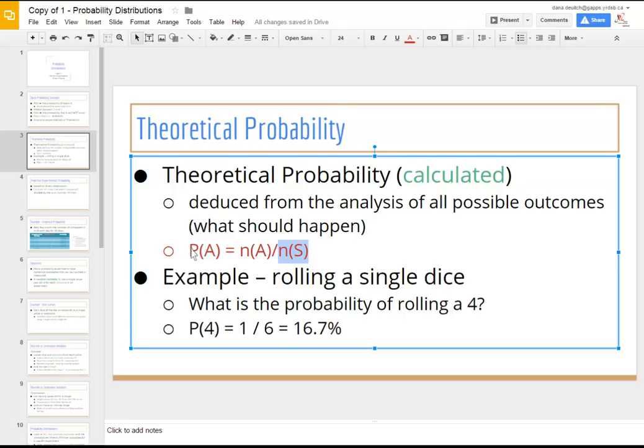And that gives us our probability of A. So for example, if I'm rolling a single die, the number of ways of getting a 4 is 1. Only one of the faces of the die has a 4 on it. But there are 6 different faces in total. So the probability of getting a 4 is 1 divided by 6, or approximately 17%.